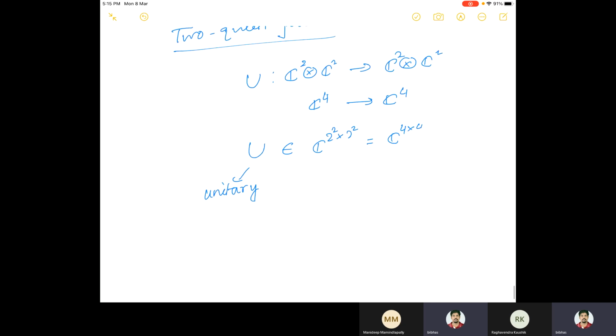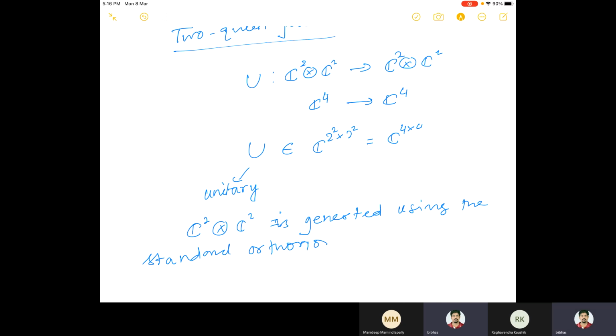And we also had seen this C² tensor C² tensor product. It has a standard basis, and we said this can be generated using the standard, or let's say canonical, orthonormal unit vectors.